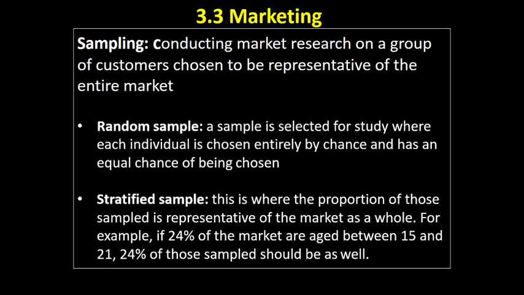The stratified sample, on the other hand, is a slightly more complex way of doing things. This is where the proportion of those sampled is representative of the market as a whole. So if you know that 24% of your customers are aged between 15 and 21, then you would want 24% of those that you sample to be between 15 and 21.